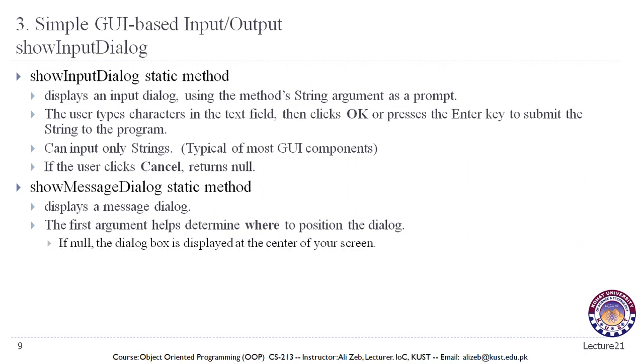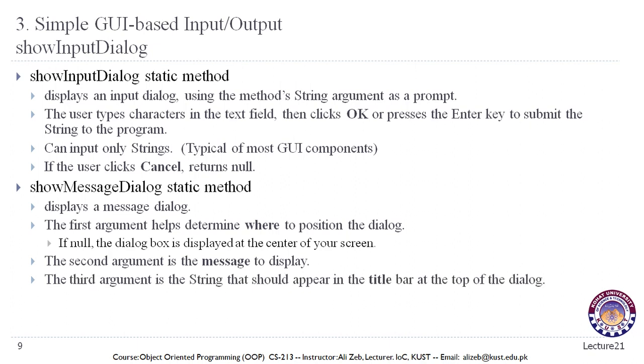If null, the dialog box is displayed at the center of our screen. The second argument is the message to display. The third argument is the string that should appear in the title bar at the top of the dialog box. The fourth argument is the type of message dialog to display.